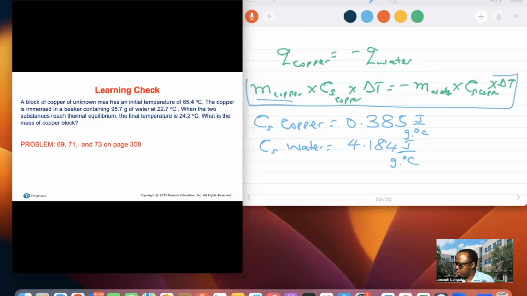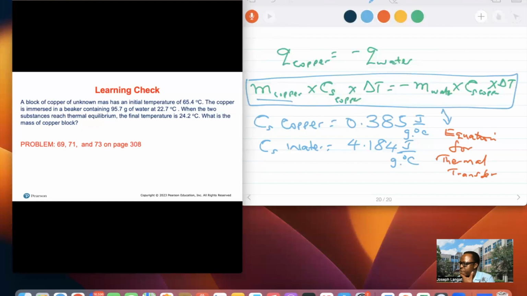This is the equation for thermal transfer. You need to remember that it should be a negative.